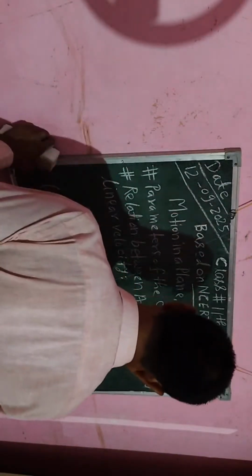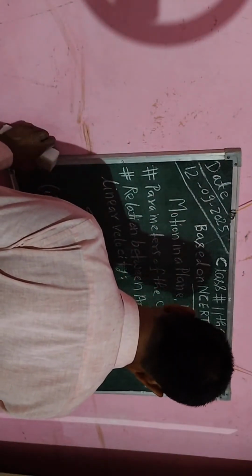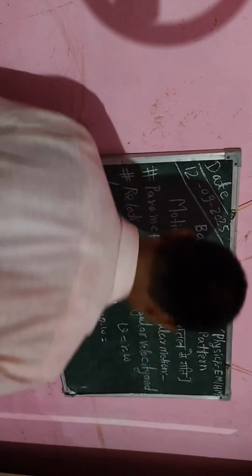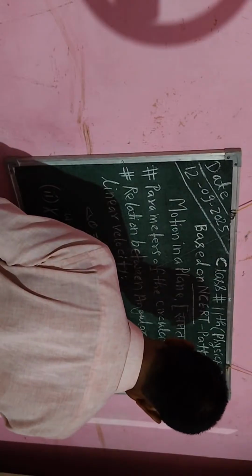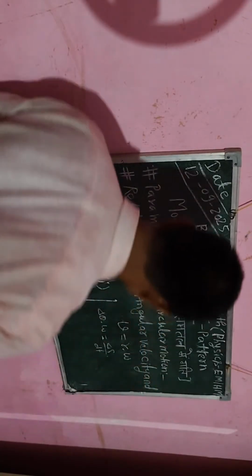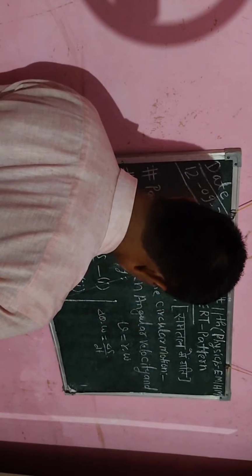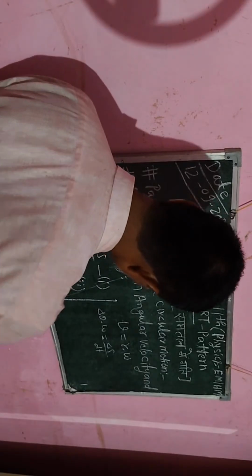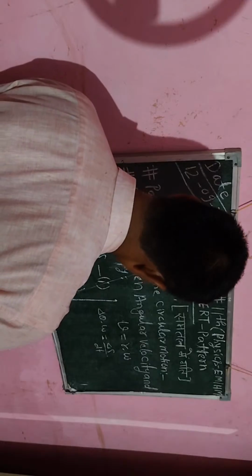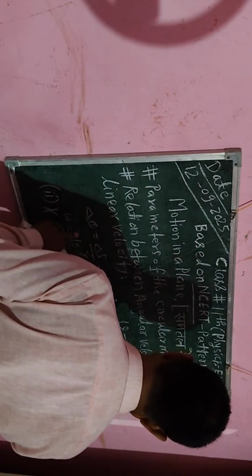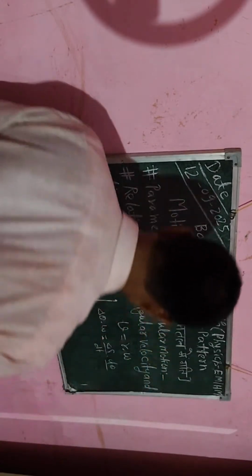So here I will say delta theta into omega is equal to delta s divided by delta t into delta s divided by delta t. Here d theta divided by r.